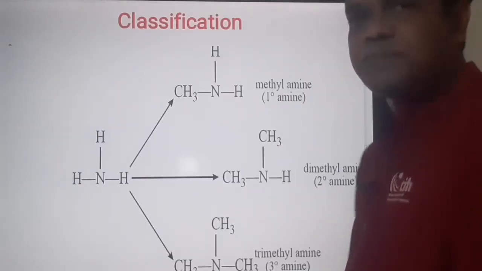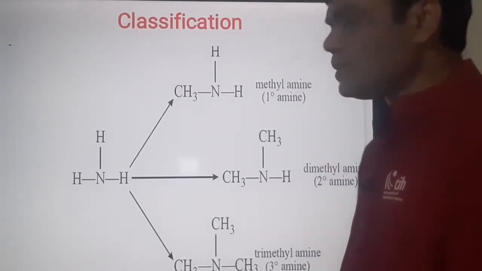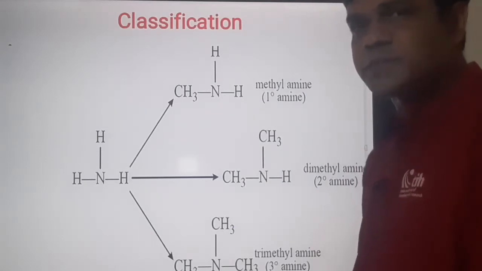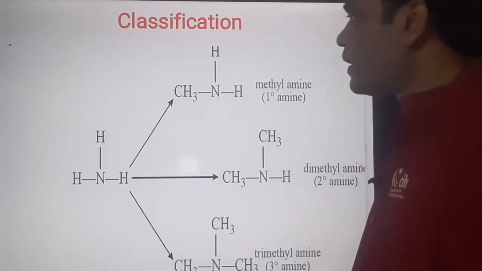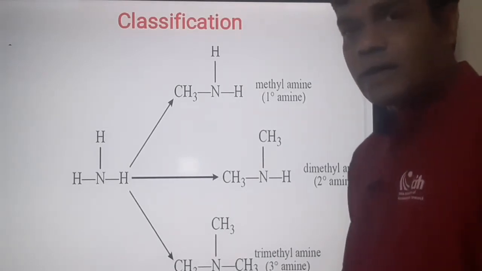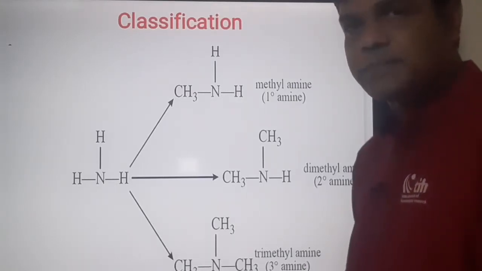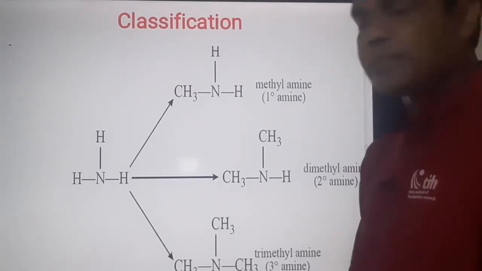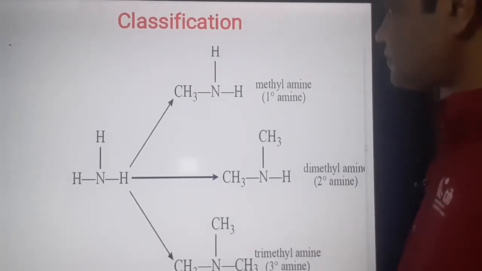Let's start with the classification of amines. As you know, depending upon the number of alkyl groups attached to the nitrogen of the derivative of ammonia, there are specifically three types: primary amines, secondary amine, and tertiary amine.